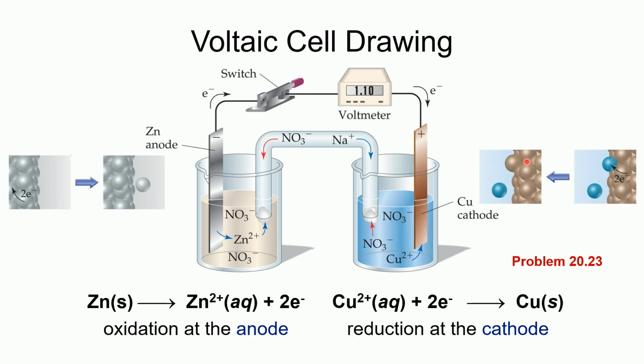Now, a couple of things. As far as the sign of the cathode, we're always going to refer to it as the positive sign. And there's an interesting story behind that. All these electrodes, these systems, these voltaic cells, were figured out long before the electron was discovered.